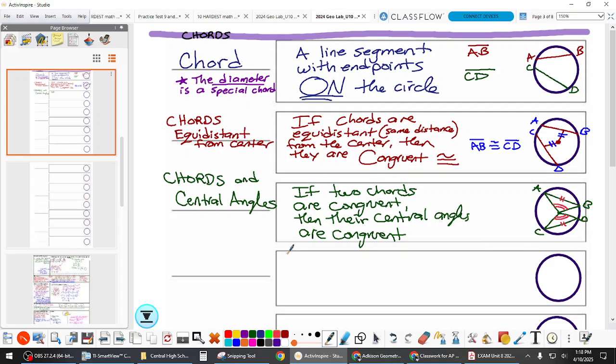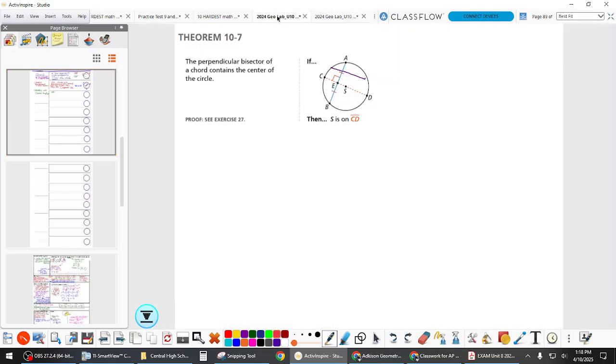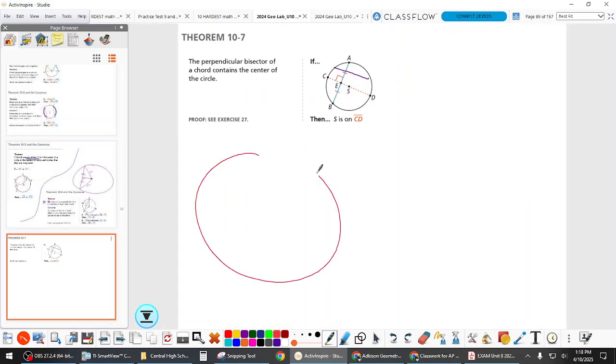You don't need to go anywhere, just stay there, but here's a good way to use that one. So maybe if I tell you this chord is, I'm just going to make up some number, 50, and I ask you how long is this chord? And that's all I give you? What would you say? How big is X? It's also 50.